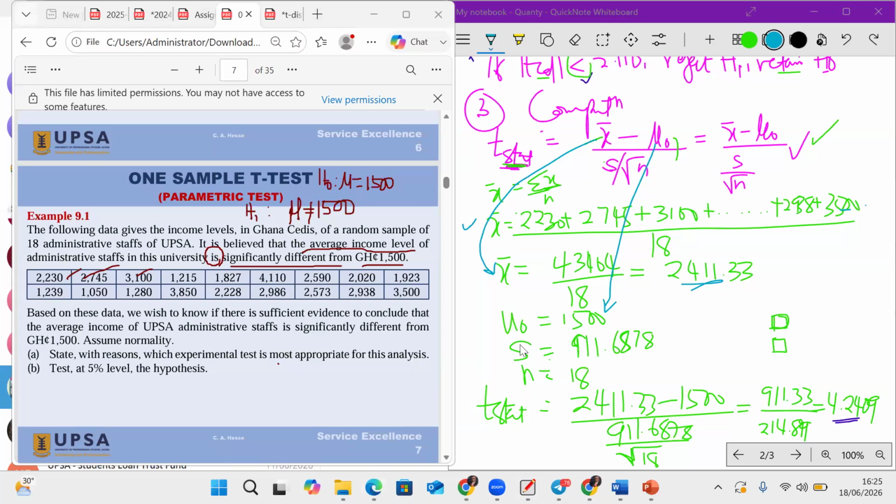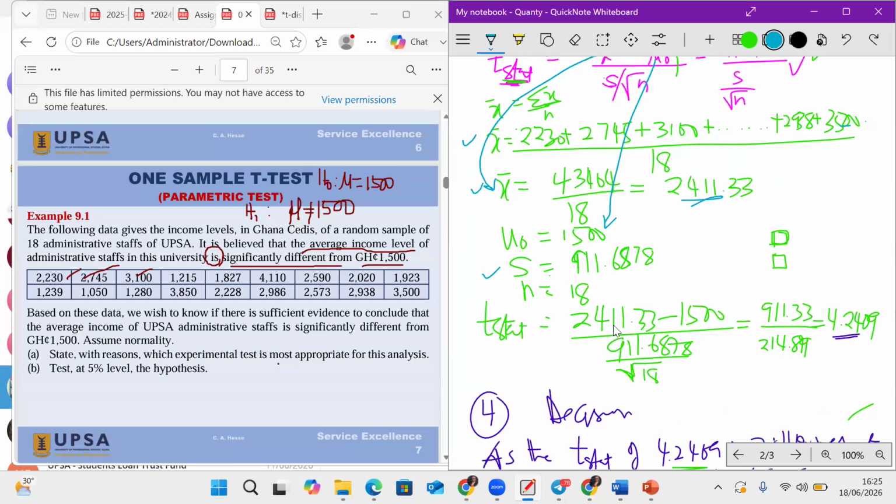Can you also use the calculator? Yes, I'm going to use the calculator for everything. The calculator can give you the standard deviation, but you have to show working. You can use the calculator, use the X, and it will give you everything, but you have to show working. So how do you get the workings done?